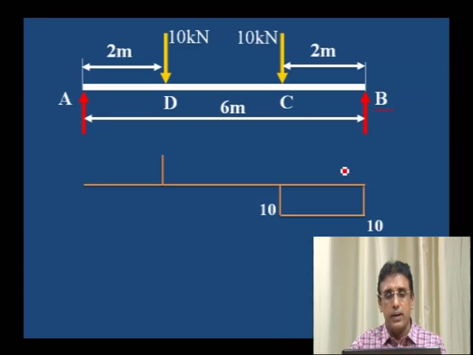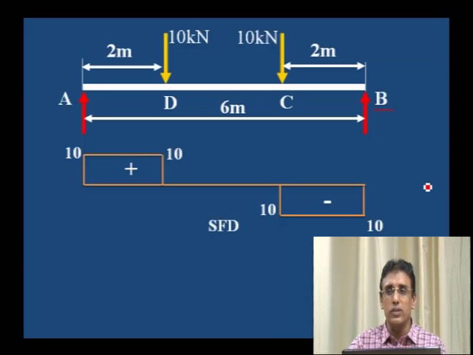Again at D it is 10 kilonewton and it remains constant. This is the shear force diagram. What we can observe: shear force is 0 from D to C, and at the supports it is 10 kilonewton, left support also 10 kilonewton, right support also 10 kilonewton.